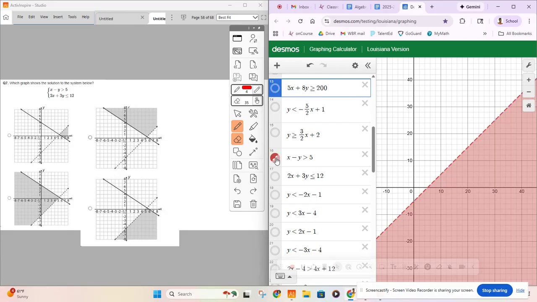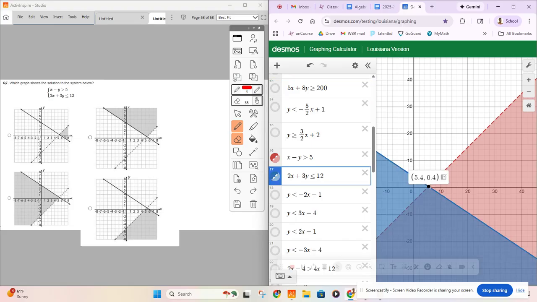X minus y is greater than 5, and 2x plus 3y is less than or equal to 12. So I see that the positive slope has a dashed line, the negative slope has a solid. So solid, dash, it looks like they're all that way. So now I gotta figure out the shading.